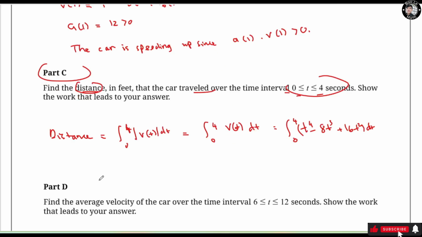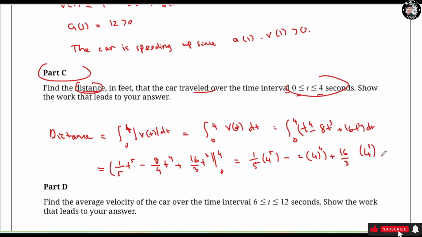And we just integrate this one, so it's going to be 1/5 t to the 5th minus 8/4 t to the 4th plus 16/3 t cubed evaluated from 0 to 4. And we just substitute 4 for t. If you substitute 0 for t, it's going to be 0. So you just leave the answer like this.